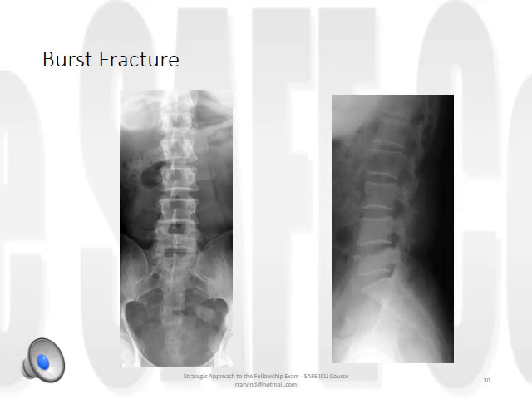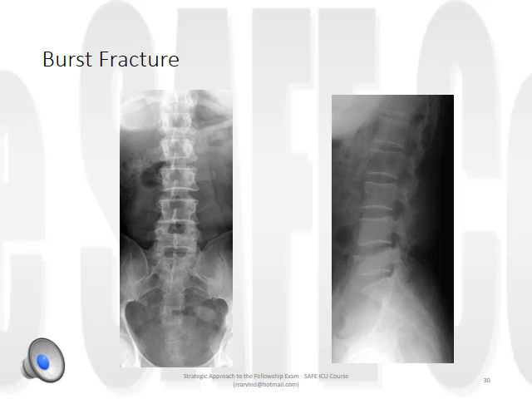The burst fracture is another example of a T and L spine type injury. It's a two-column injury. The burst results from high force vertical compression trauma. There's posterior displacement of vertebral body fragments into the spinal canal, and this can lead to a high risk of spinal cord or nerve root damage.